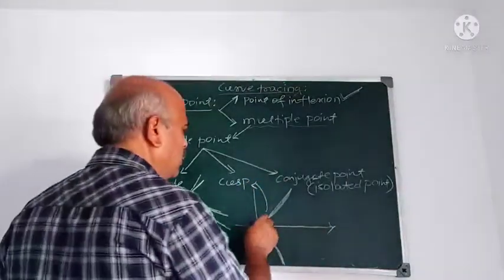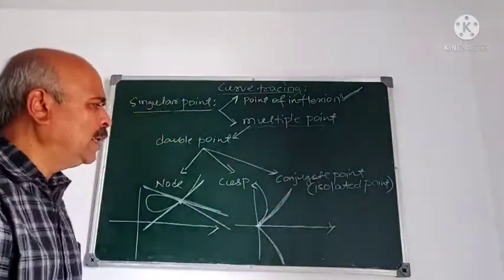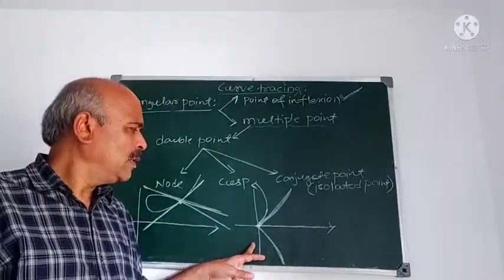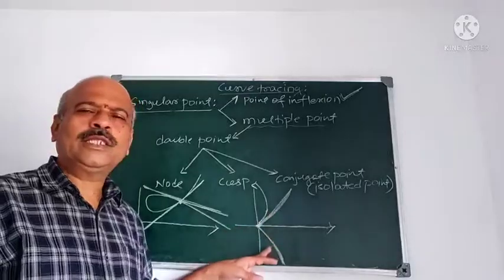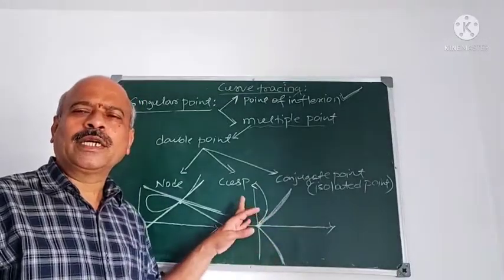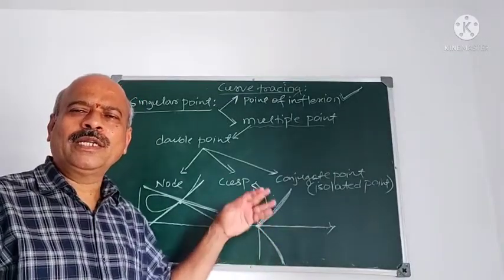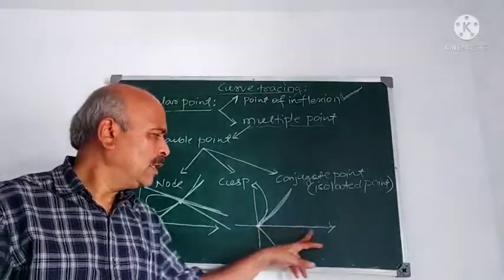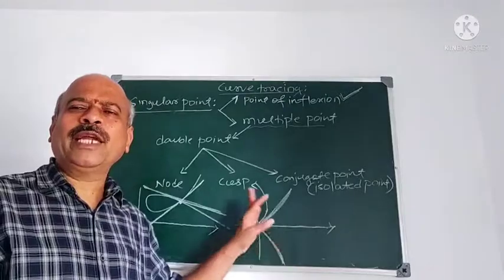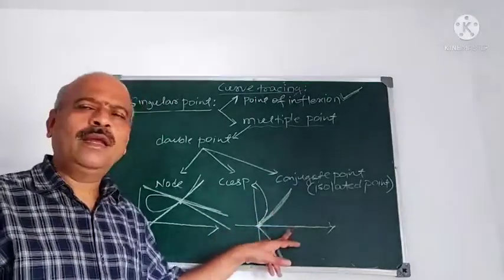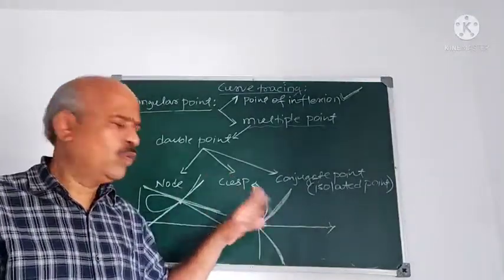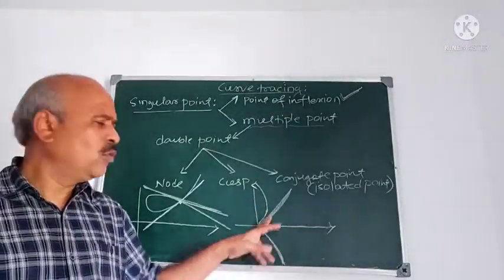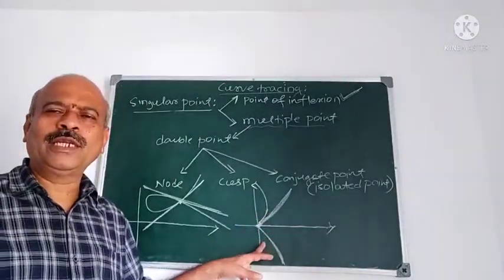So what is a cusp? A cusp is a double point on the curve through which two branches pass. But the two tangents are real and coincident. We do not have two separate tangents for these two branches. Two branches pass through the point, therefore it is a double point.